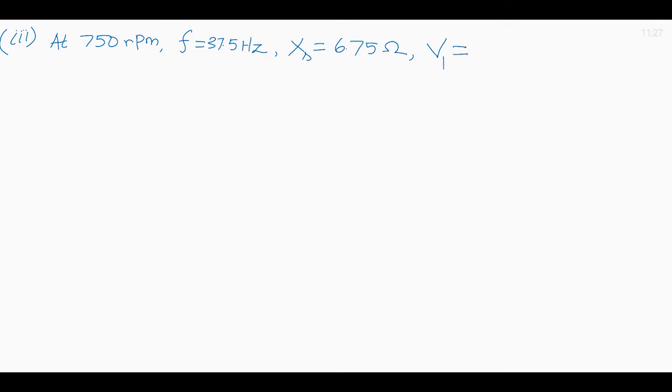constant V by f ratio. V1 is 4763 volt, and induced EMF E1 corresponding to this condition is 6170.25 volt. As calculated in bit 1, we have induced EMF at 750 rpm and rated field current is 6170.25 volt.